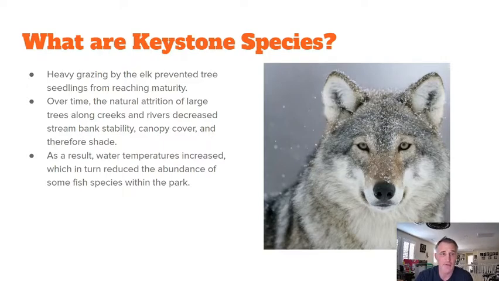And then over time, as the natural attrition of large trees along creeks and rivers decreased, the stream bank stability, the canopy cover, and the shade changed. The rivers began to erode into the banks and change course overall. And the lack of canopy and shade caused water temperatures to increase, which in turn reduced the abundance of some fish species within the park.